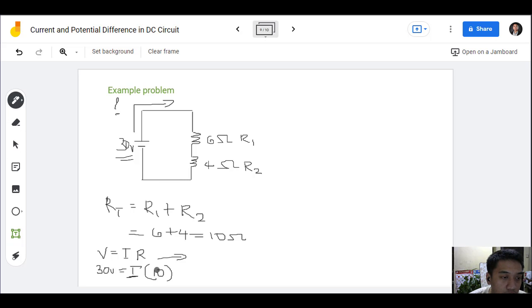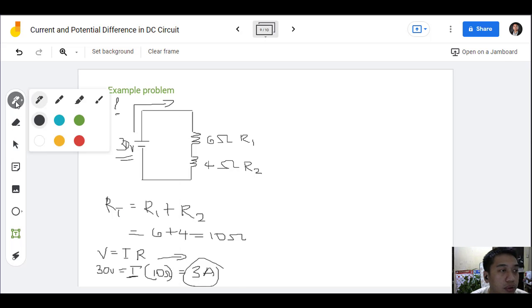So our total resistance is 10 ohms. Then we divide both sides by 10, and this will become 3 amperes. Ayan. So yung current flow natin dito is equivalent to 3 amperes.